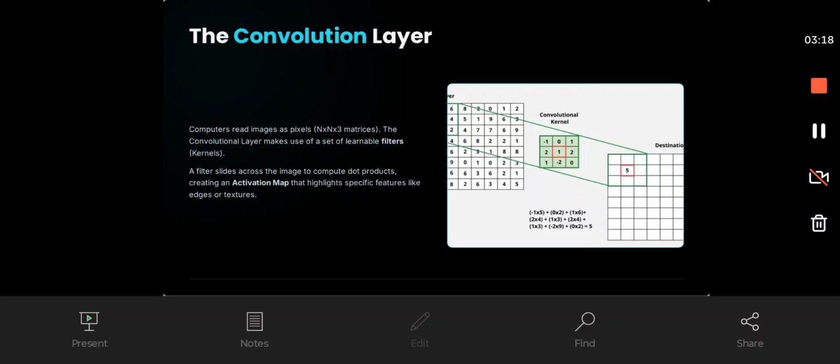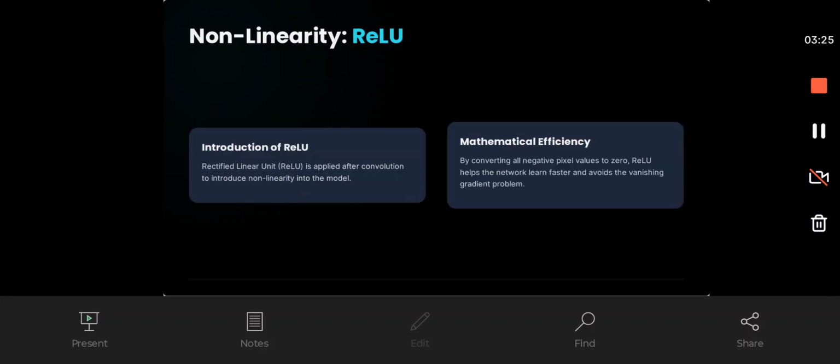After feature extraction, the next step is introducing non-linearity into the model. ReLU stands for rectified linear unit. It is one of the most commonly used activation functions in deep learning. The main purpose of ReLU is introducing non-linearity into the network.